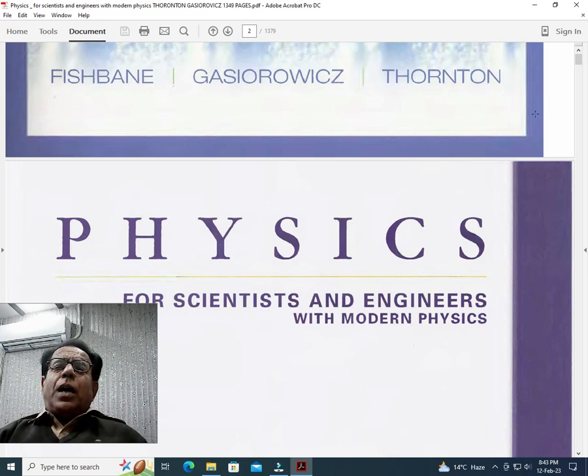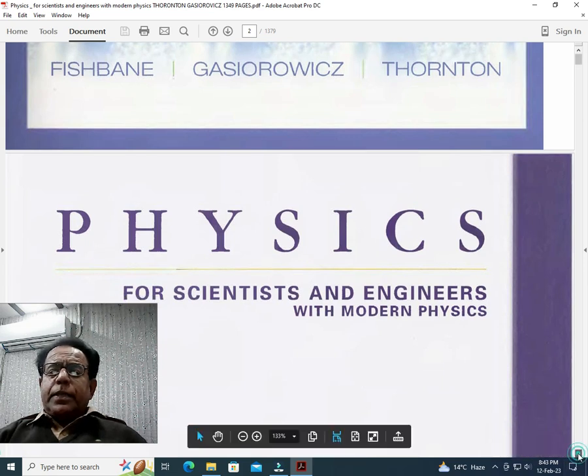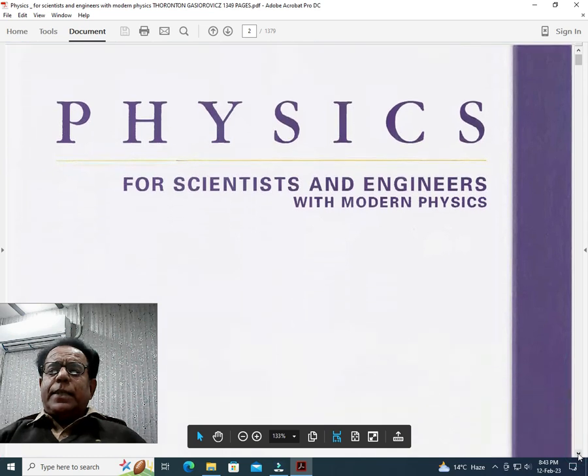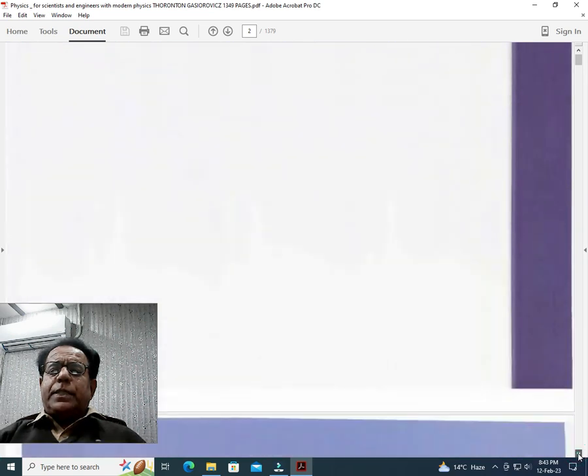However, this book has three authors: Fishburne, Gasiorowicz, and Thornton. Physics for scientists and engineers with modern physics.